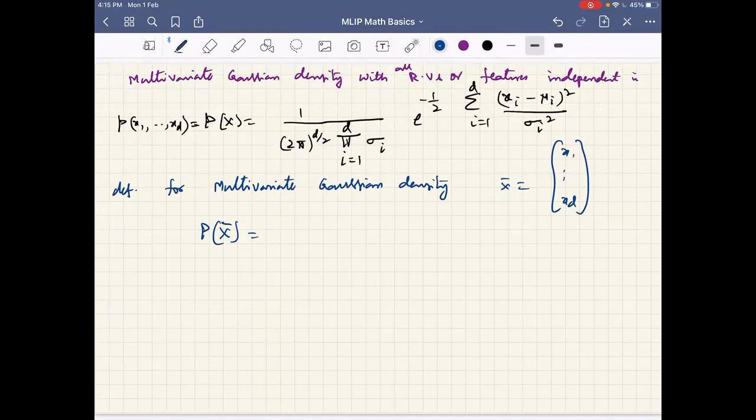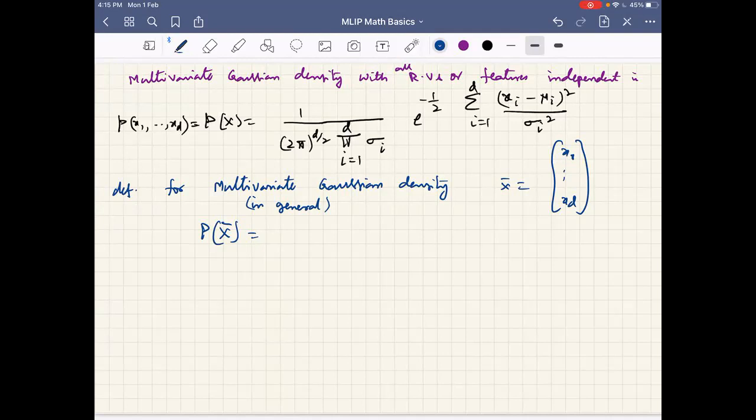In general, I make no assumptions about the covariances between the features or random variables. x1, x2 may be correlated as well, or their covariance need not be zero. So in that case, the covariance matrix cannot be reduced to a diagonal matrix.